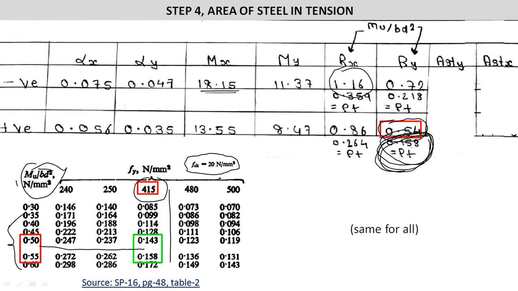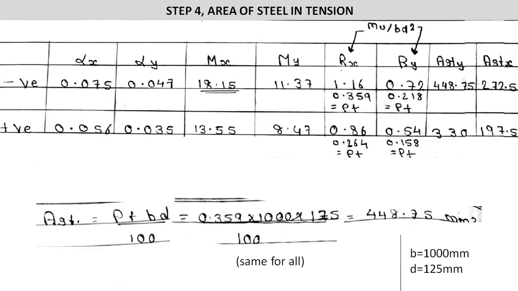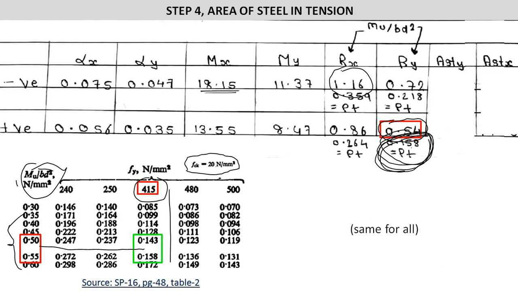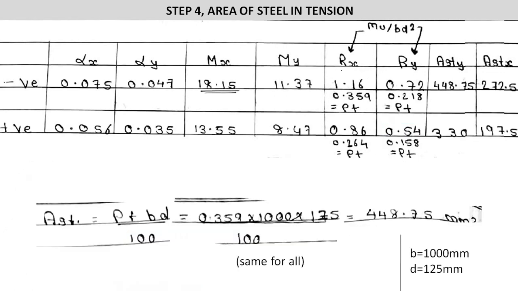Similarly for Ry negative, as Ry negative is 0.72, seeing this value in table number 2, we have the percentage of steel as 0.218. Similarly for Rx positive. Like this, we will have the values of percentage of steel for the four values.